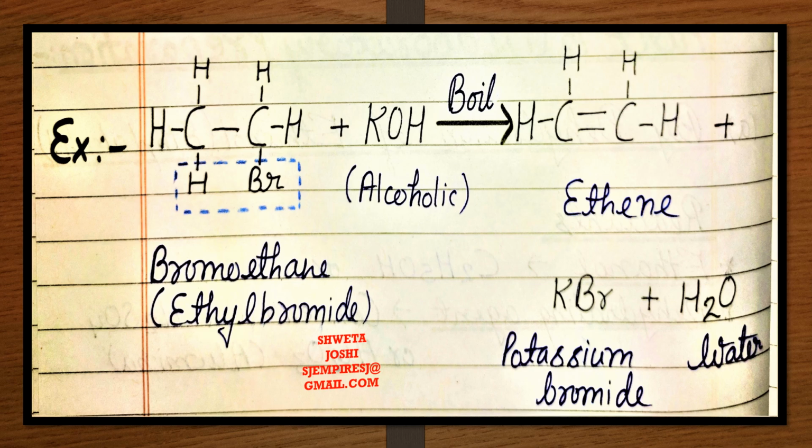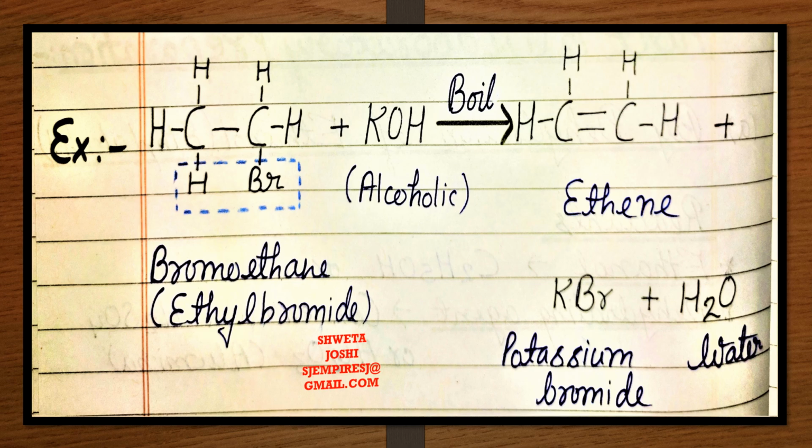Now covering a proper example of dehydrohalogenation reaction, we are going to react bromoethane, which is commonly known as ethyl bromide, with alcoholic KOH solution. Upon boiling, H part of bromoethane is removed with OH part of potassium hydroxide forming water.